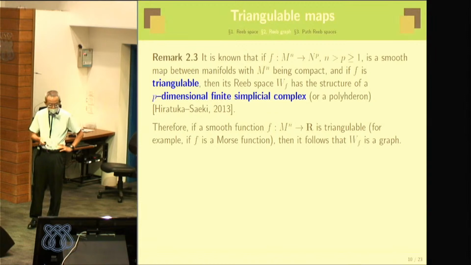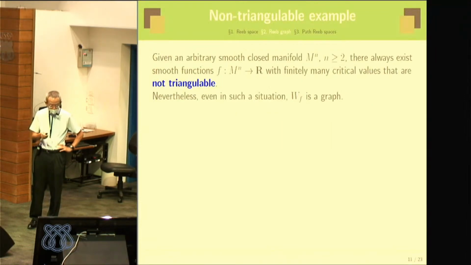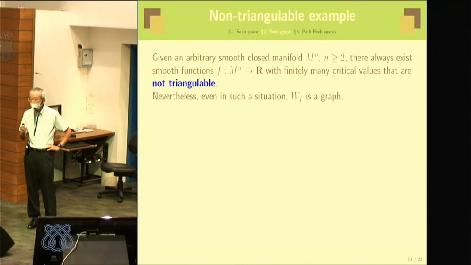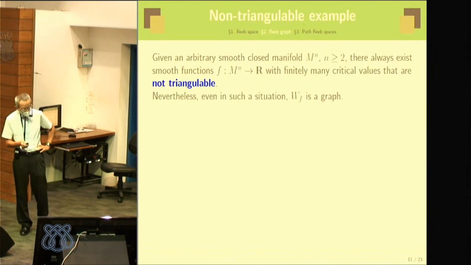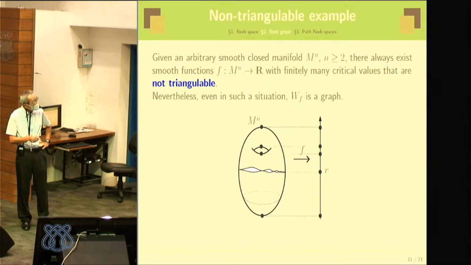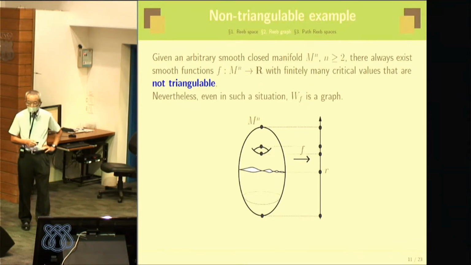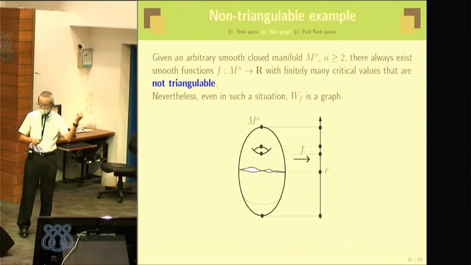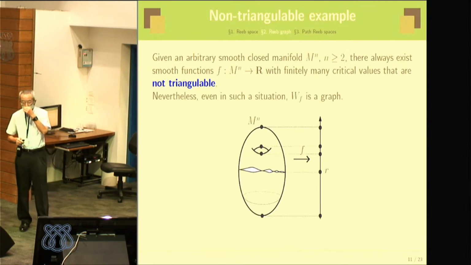This is okay, but there are some complicated functions which are not triangulable. For example, like this. Suppose you have a closed manifold and you consider any Morse function, and you take a regular value. In the inverse image you usually have just a codimension one submanifold.